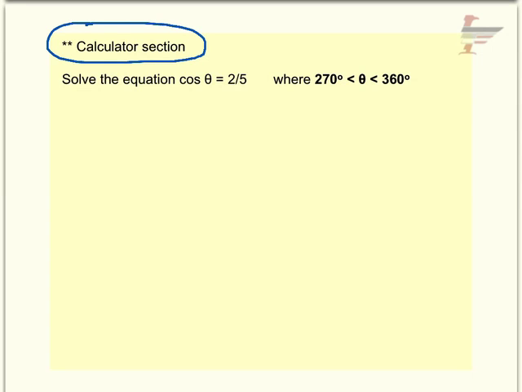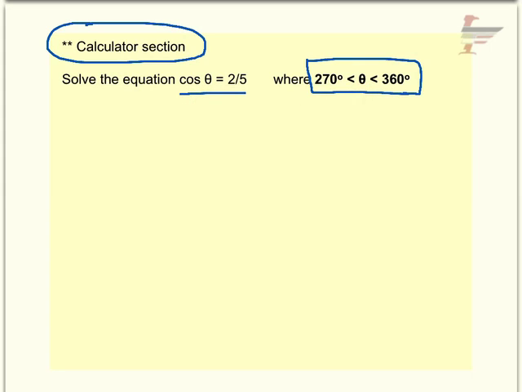The first one says solve the equation cosine theta equals 2/5, where theta is between 270 and 360. Now I want you to think about this. It's basically going against all your cosine restrictions. If you recall, where a cosine value occurs has to be in the first or second quadrant.